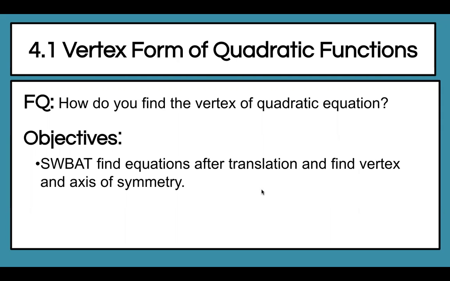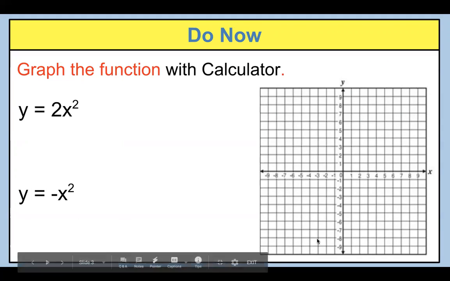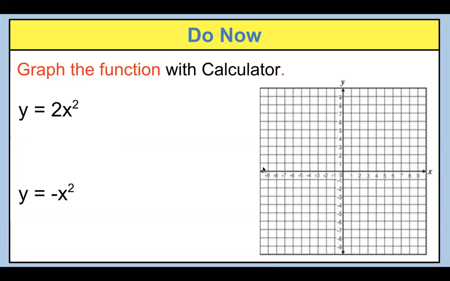But before we do this, let's start with the do now. Can you graph these two functions by using the calculator? If you printed out the packet, you already have this grid. If you didn't, you should do it on loose leaf. If you have graph paper, you can use it.